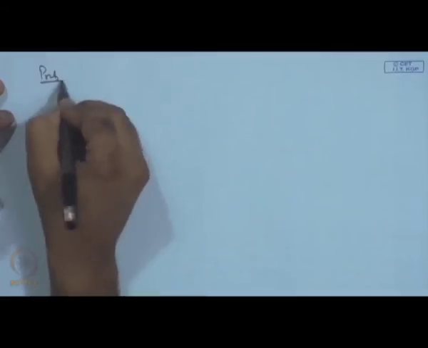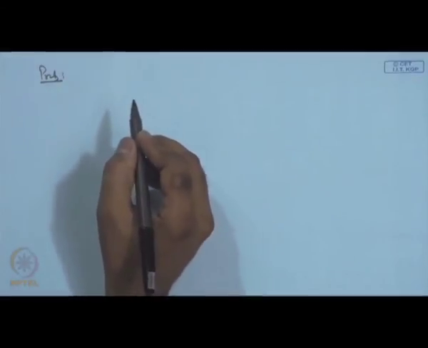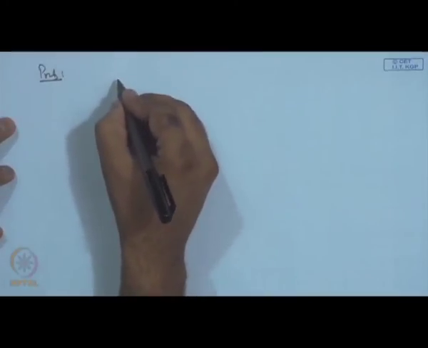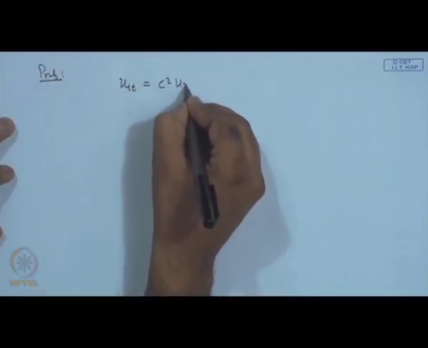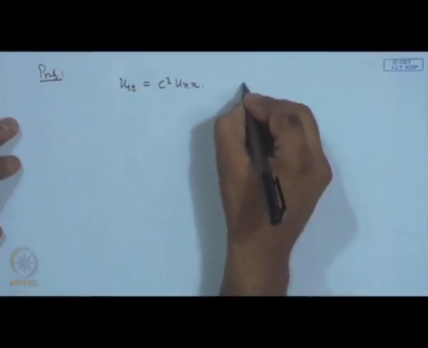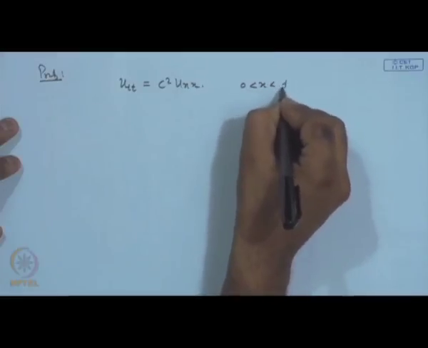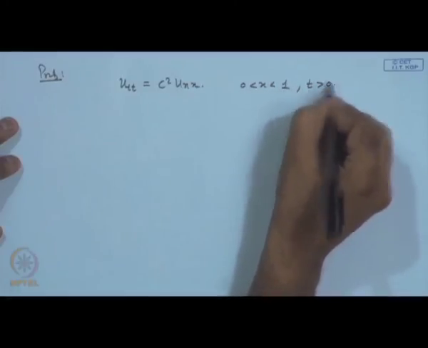Now, we come to the last example of this lecture, and that is again a wave equation problem. So, we have the equation u_tt is c square u_xx, x is between 0 and 1 and t is positive.